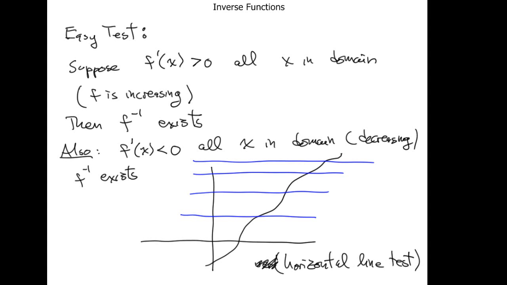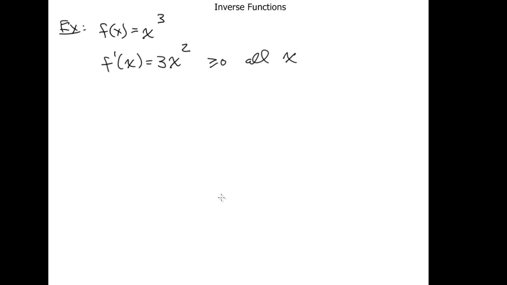Okay, so let's look at an example of that. Let's take this interesting function f of x is equal to x cubed. So the derivative of x cubed is 3x squared. And 3x squared is always greater than or equal to 0. Now, there's a little bit of a thing to worry about here. It's not strictly greater than 0, but let's not worry about that for the moment.